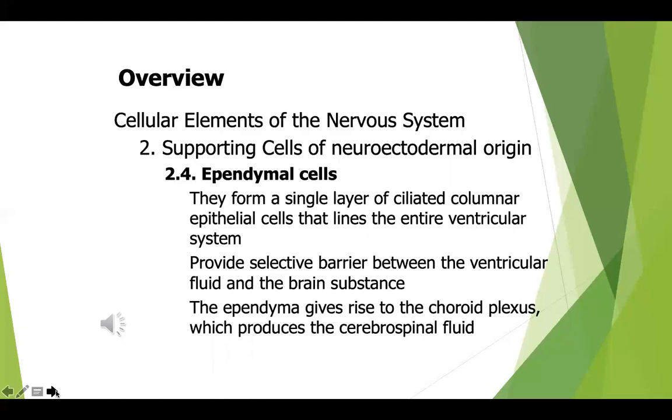They provide a very effective selective barrier between the ventricular fluid and the brain substance. So the ventricular fluid cannot just enter the environment of the brain parenchyma. The ependyma gives rise to the choroid plexus, which are inside the ventricles and which produce the cerebrospinal fluid.